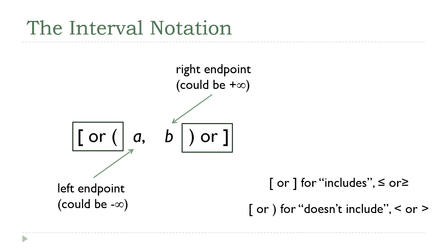We put square brackets if we want to include the number. If you've got something in set builder notation, for example, and you're trying to rewrite it in interval notation, less than or equal to or greater than or equal to would indicate that you're going to use square brackets. And you're going to use parentheses for doesn't include, that would be a situation where you have strictly less than or strictly greater than.